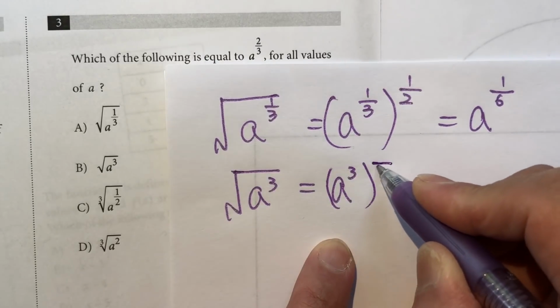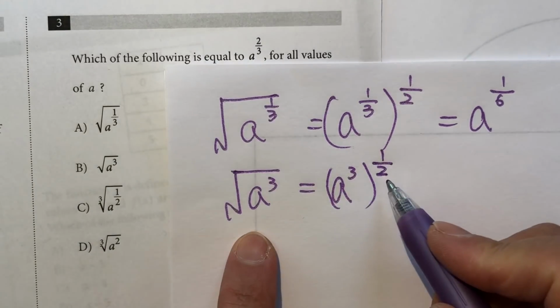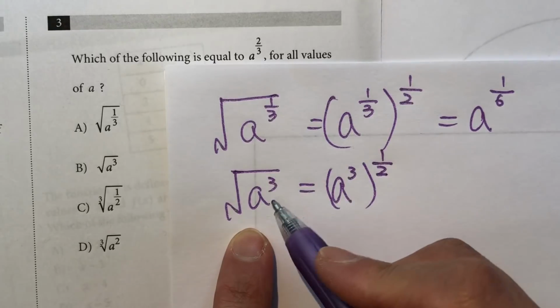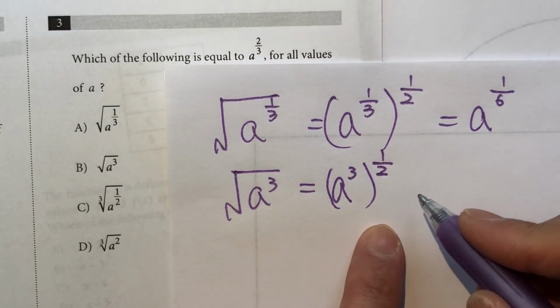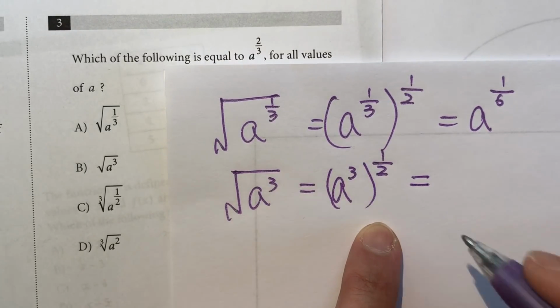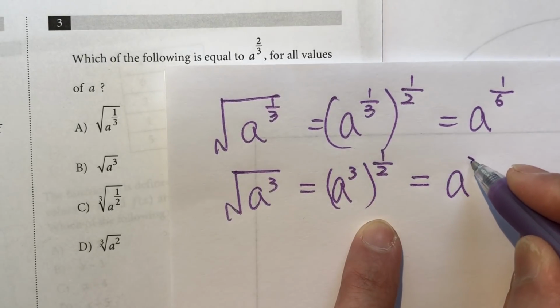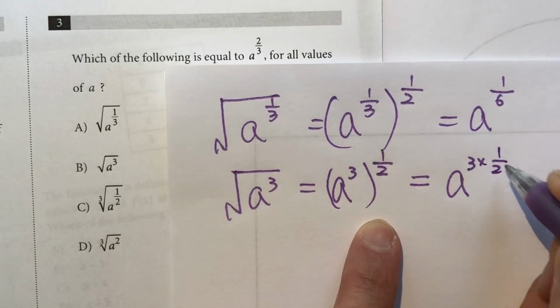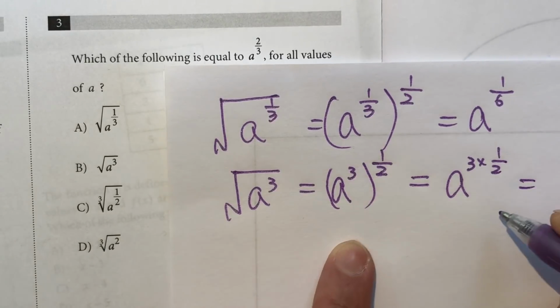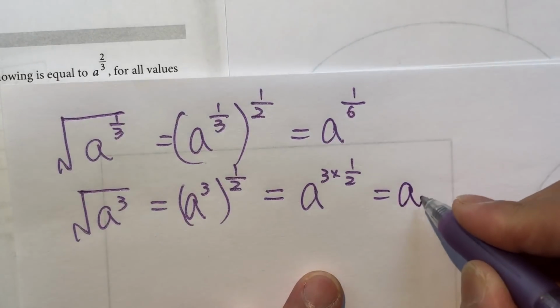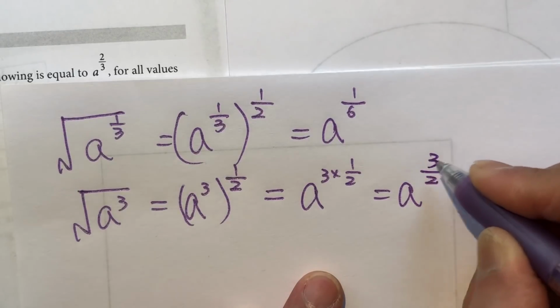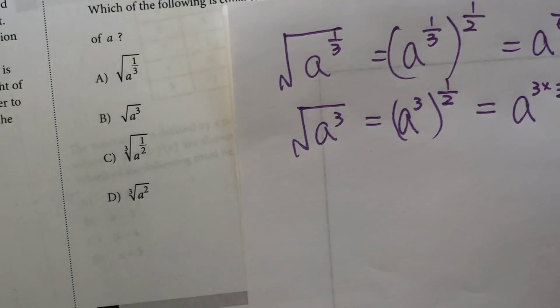The operation is the square root of this number. It's to the power of half, right? So it's A to the power of 3 times half, equal to A to the power of 3/2.